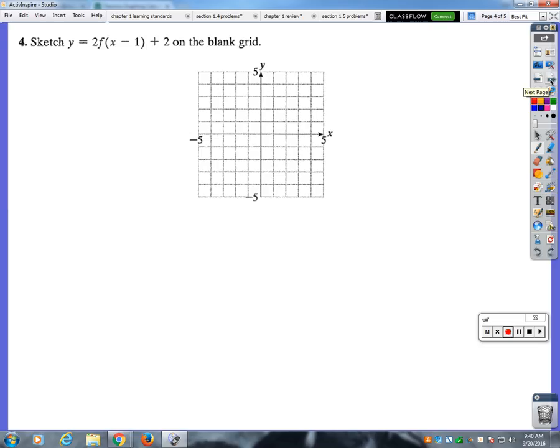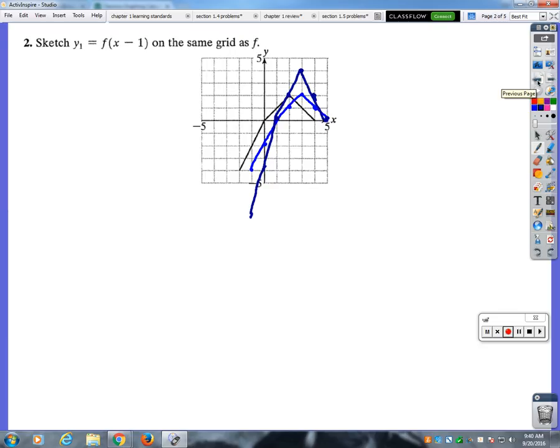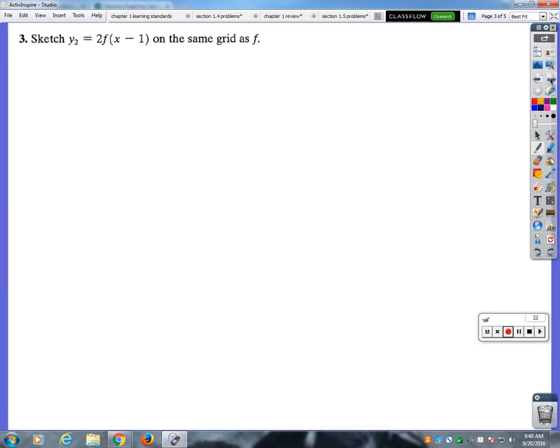Okay, now things are getting messy. So it says sketch 2f of x minus 1 plus 2 on this new grid. So we already have the first part, right? Now we're just going to take this whole thing and move it up 2. So this point right here, instead of being -1, -8, will be -1, -6.